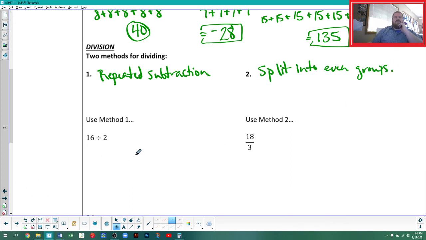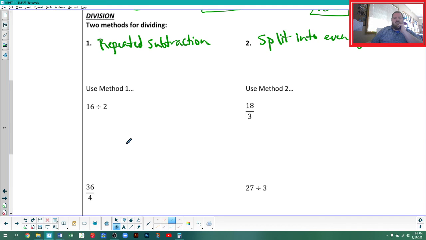Okay, so for the first one, it says we want to use method 1, which works out just fine. I want to repeatedly subtract 2 from 16 and then count how many 2s I'm subtracting until I get to 0. So I can subtract 2, subtract 2, subtract 2, subtract 2.